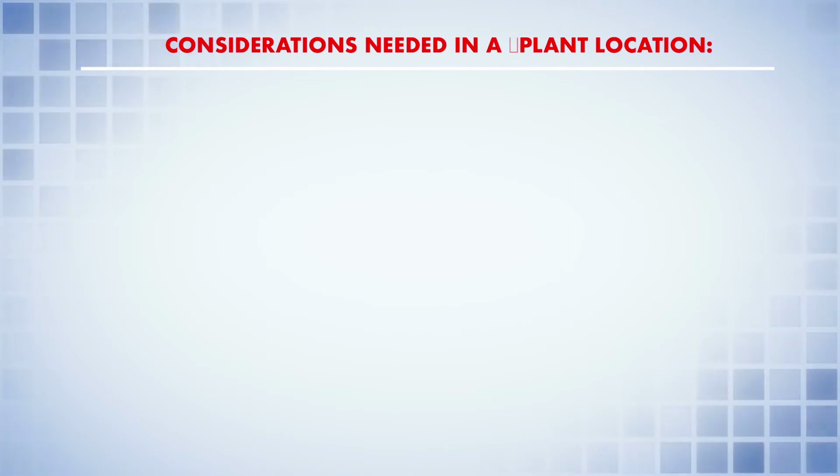Then we keep our location near the raw material. Bokaro is again a steel plant, Rourkela is a steel plant, and NTPC needs coal, the raw material for power generation. Now, these are a few considerations needed for plant location.